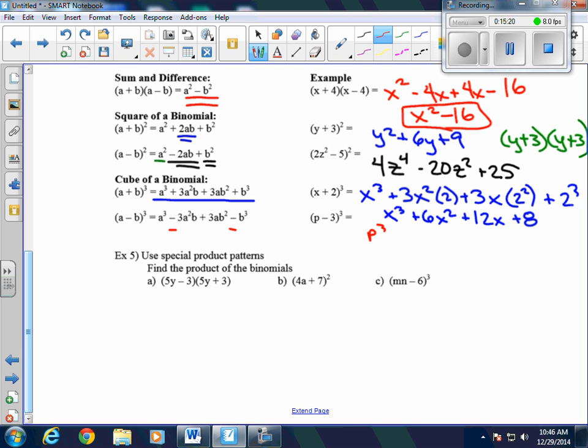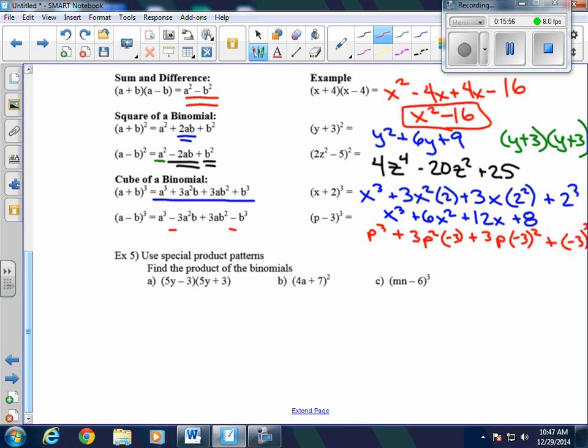So it's going to end up being minus 3 times p squared times negative 3, plus, well, we can put a plus in there right now, but when we get to the end we'll look at what that means. And then we're going to have plus 3 times p times negative 3 squared, plus, and then it's going to be negative 3 cubed.